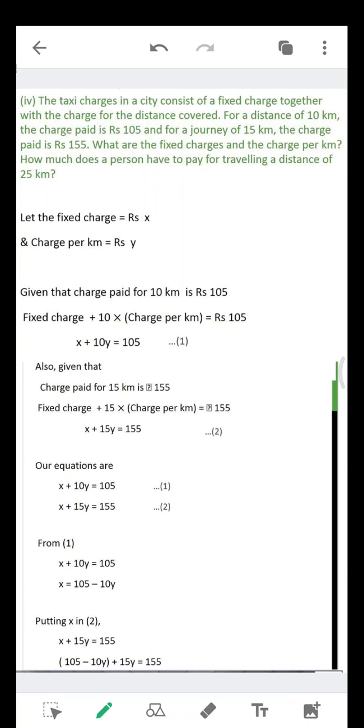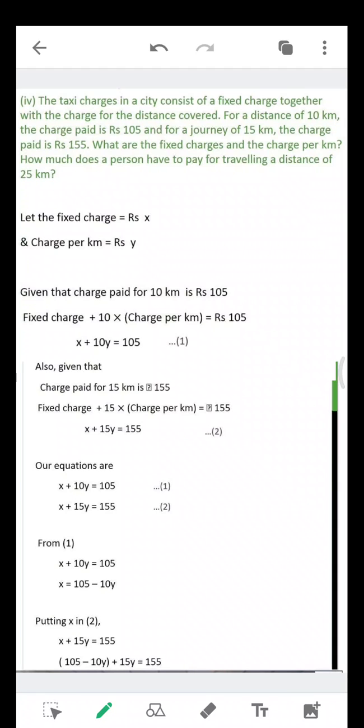In this, the question says the taxi charges in a city consist of a fixed charge together with the charge for the distance covered. So you have done this type of questions about taxi charges. In that I explained you how the fixed charge will be there for taxis and how the additional charges will increase.